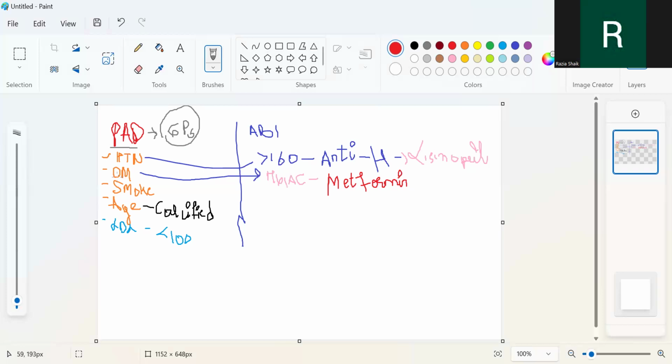Apart from this, there is one extra step for diabetes. We can remember diabetes as the major risk factor for PAD, and that extra step is urine microalbumin. Pardon my skill of writing. I just hope it makes sense to you.